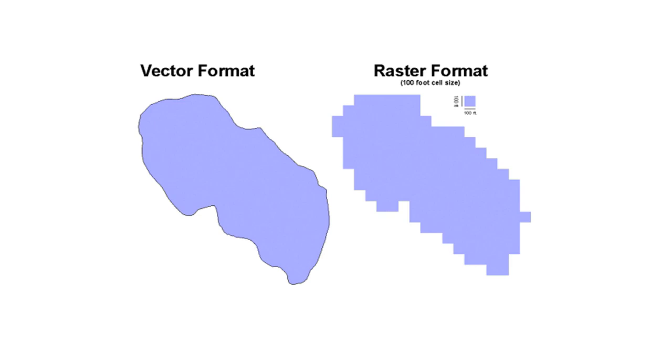So the attribute structure is much less developed, but what's important is that we have cells now that represent that lake. And each one of those cells that's a lake cell, it's the same value as the cell sitting right next to it.